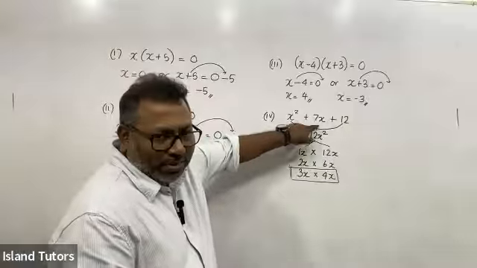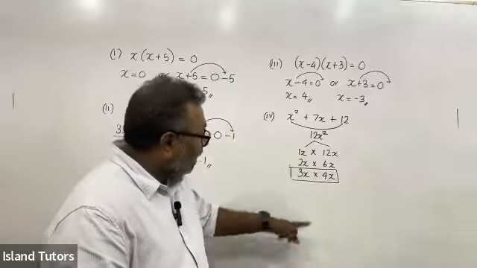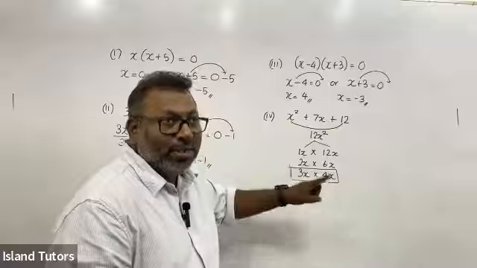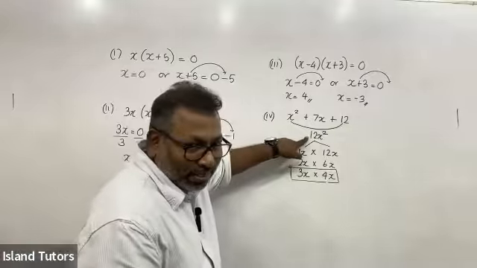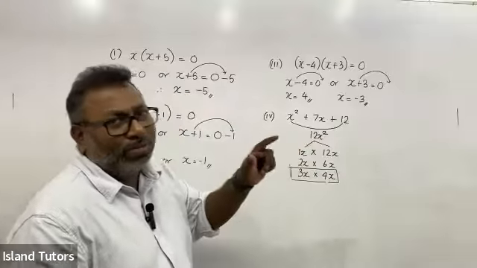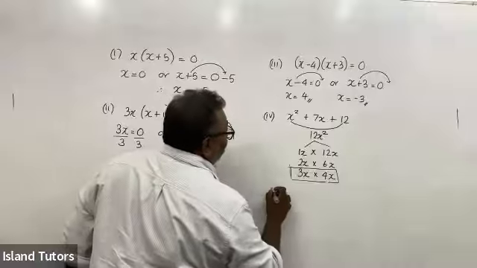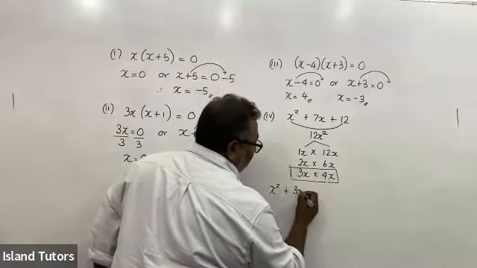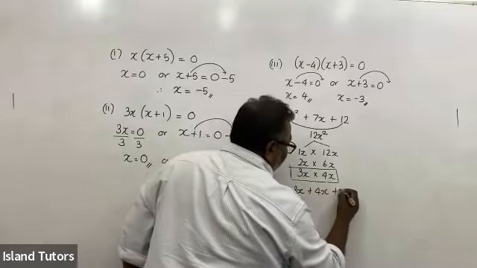You get 7x. So the first part of it is done. Then you double check, 3x multiplied by 4x is 12x squared. Are you getting this? Yes. So both of them are correct. Now what do you do? You rewrite this: x squared plus 3x plus 4x plus 12.